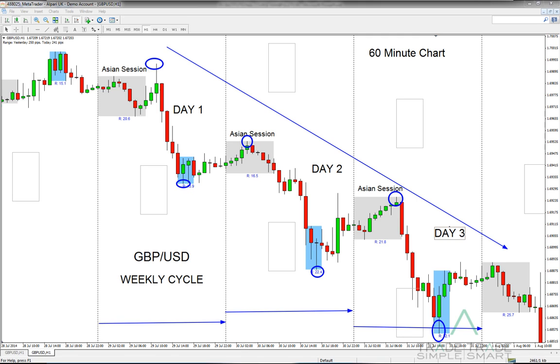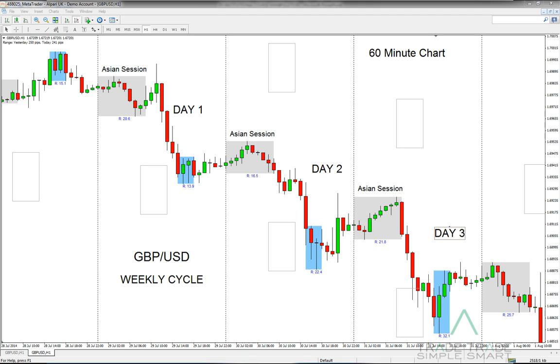And again, this is down to you and knowing the behavior and characteristics of the pairs in which you choose to trade. Now, in terms of the time frame that we use to identify the weekly cycle, the weekly cycle can definitely be seen most clearly on the 1-hour chart.